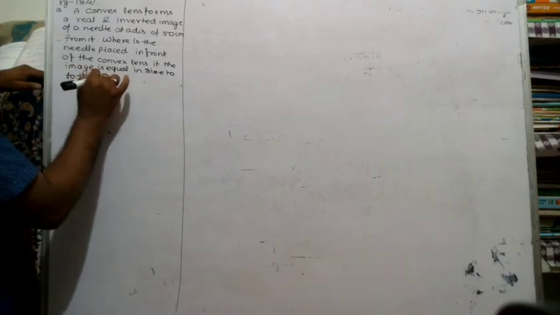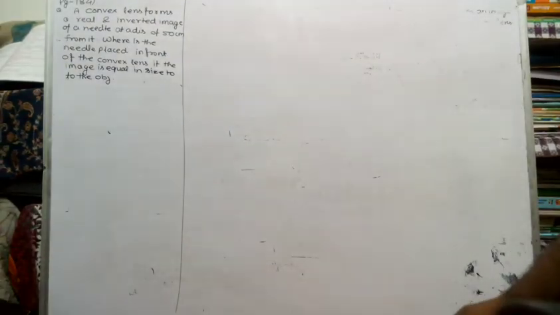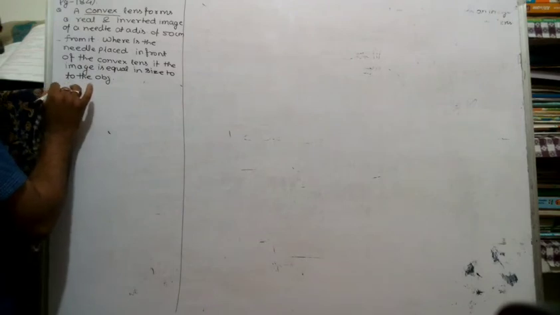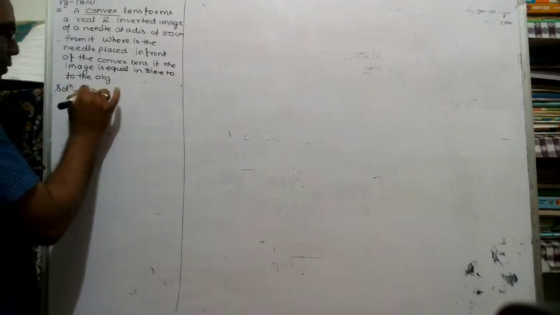This is the question. Okay, first read the question carefully. A convex lens forms a real image. First, type of lens: lens is convex.